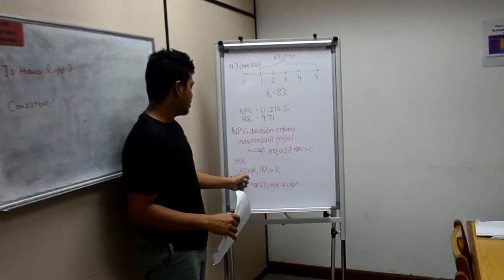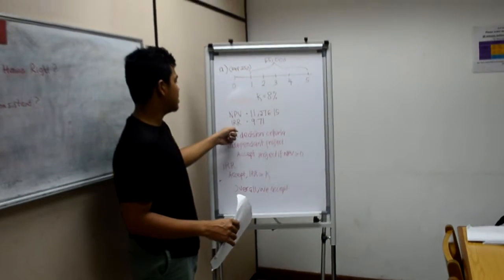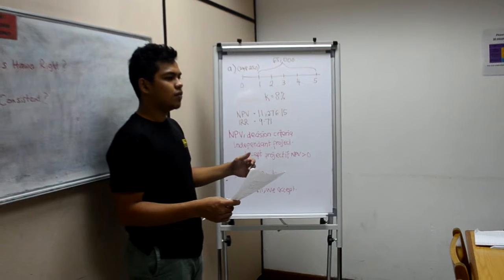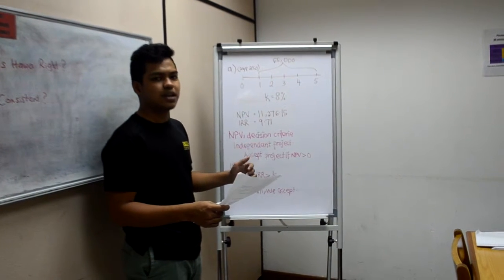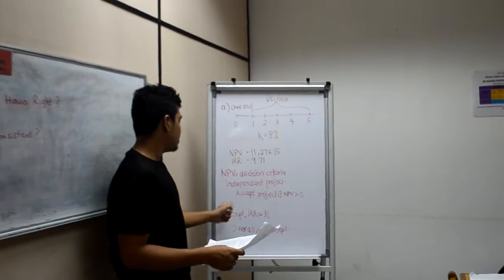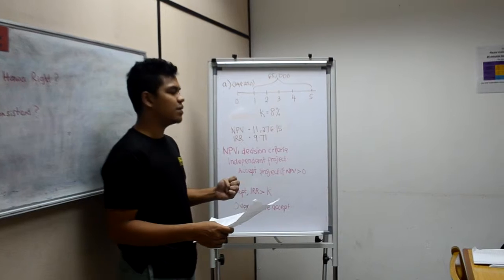And for IRR, it should be more than the cost of capital, and the IRR is indeed more. Therefore, what Howard said is right, because either using NPV or IRR, we will find the same. Both will give the same decision.